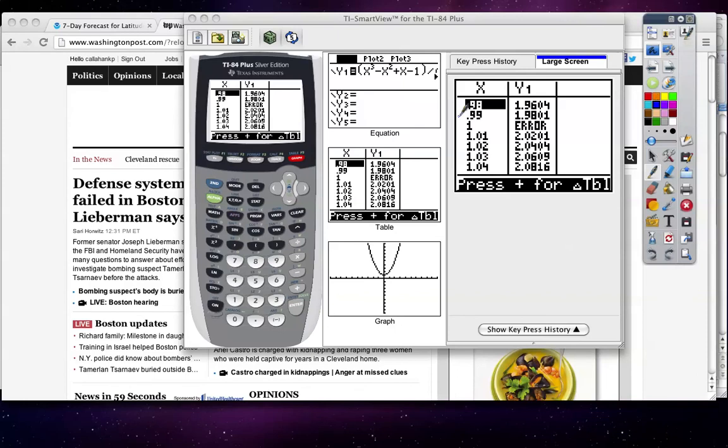Okay, if I look at the number before and the number after, here's our numbers. 1.9801 plus 2.0201 divided by 2. And that's what?